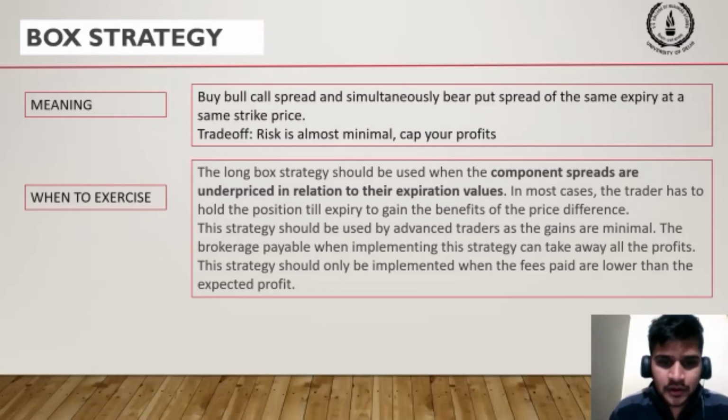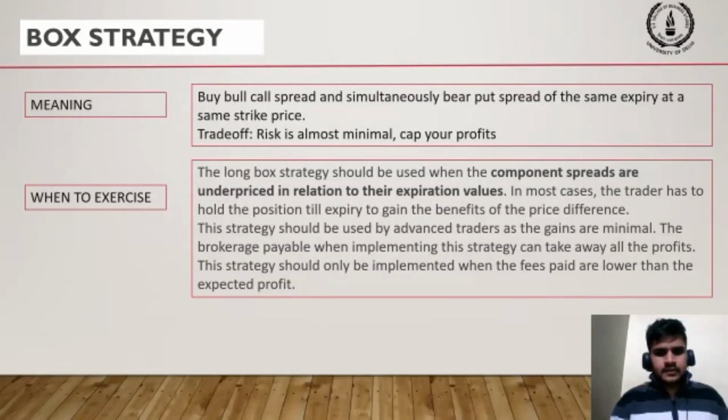So the total cost of the box remains the same irrespective of the price movement of the underlying security in any direction. The expiration value of the box spread is actually the difference between the strike prices of the options involved. Basically, this strategy should be used when the component spreads are underpriced in relation to their expiration values.